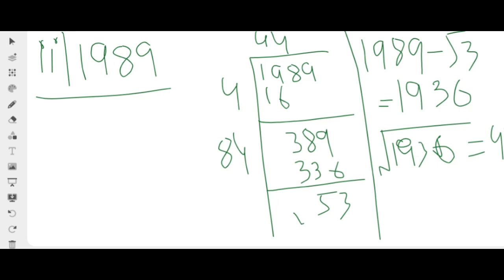When you get the remainder, it represents that the square of 44 is less than the given number. So when you subtract the remainder from the given number, you will get the answer, and the under root of that is the perfect square. Understood?